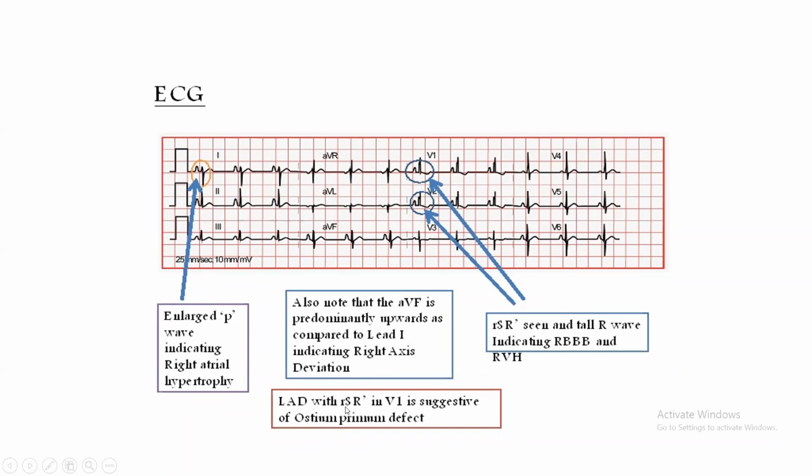And LAD with an RSR wave in V1 is suggestive of ostium primum defect. LAD means the electrical axis of ventricular contraction of the heart lies in a frontal plane deviation between minus 30 degrees and minus 90 degrees.